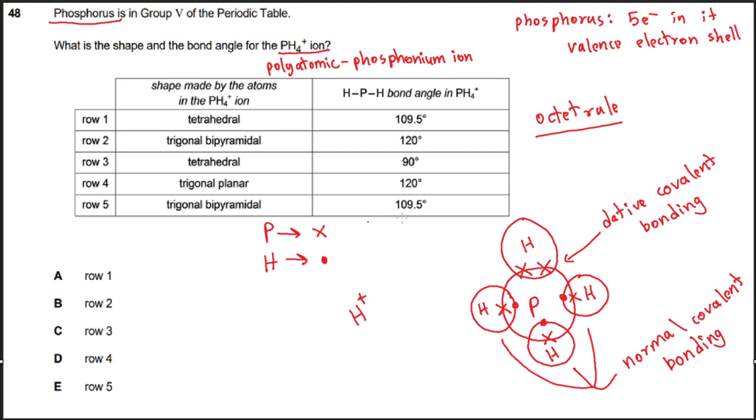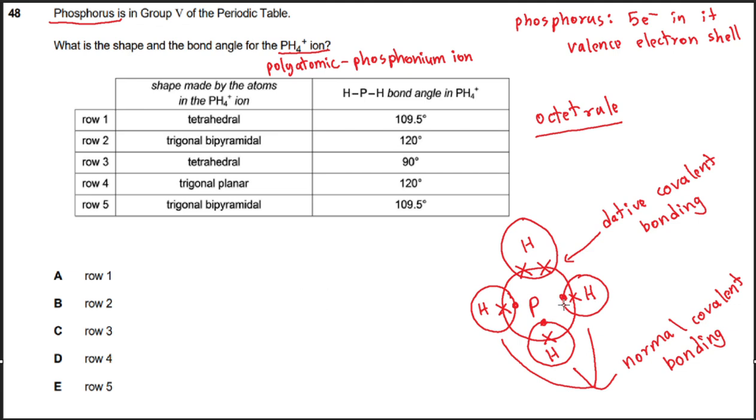But since it's a phosphonium ion with a positive charge, it has a proton, a hydrogen with no electron of its own, which forms a bond with the phosphorus lone pair of electrons to form a dative covalent bond. Alright, now we have constructed this dot and cross diagram. Let me erase this quickly.